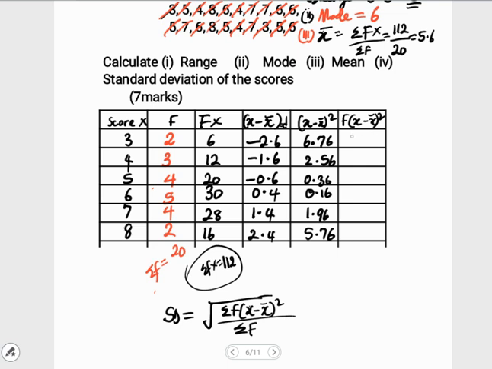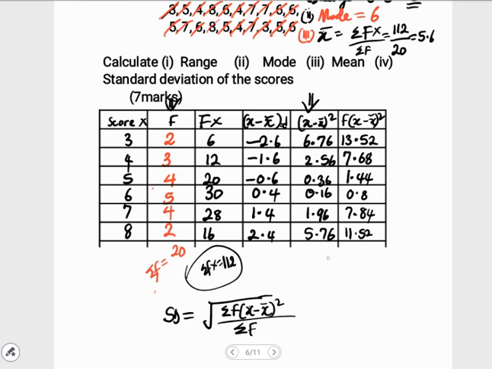This is equal to 13.52. Then we have 3 times 2.56. So when we multiply the frequency by this column, we are going to have this as a result.